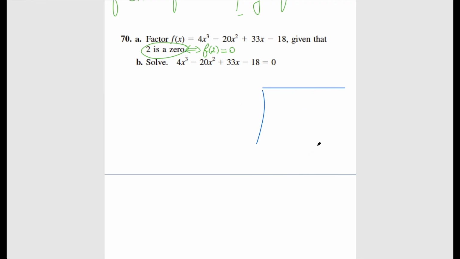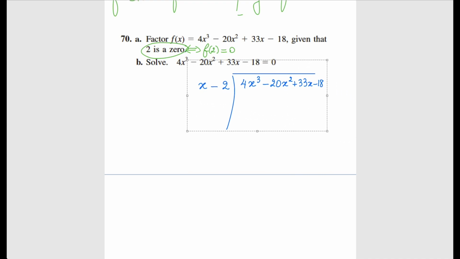So let's divide f of x, which is 4x cubed minus 20x squared plus 33x minus 18, by x minus 2. And we know that the remainder is 0, right? Let's do that.